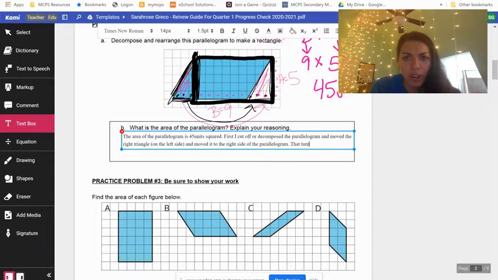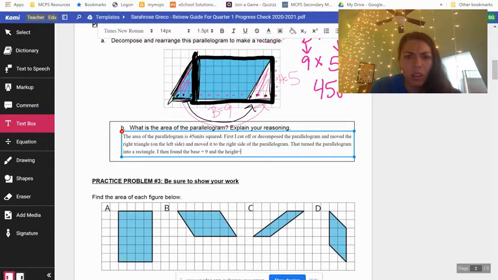That turned the parallelogram into a rectangle. I then found the base. The base was 9 and the height equaled, what was the height?